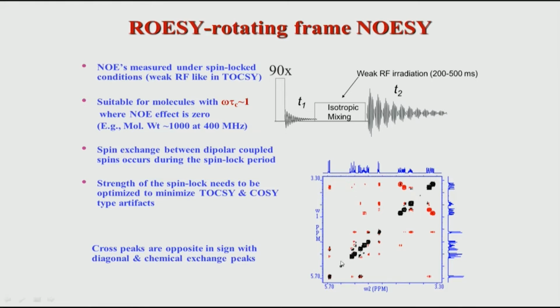There is another very useful feature in ROESY which is not present in NOESY, which is as follows. Remember we discussed what is called a spin diffusion peak. A spin diffusion peak arises when two spins A and B are farther than 6 or 7 angstroms, that means they could be 10 angstroms apart, but still I may end up seeing a cross peak in the spectrum between A and B, which is not correct.